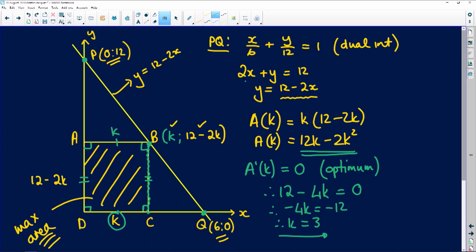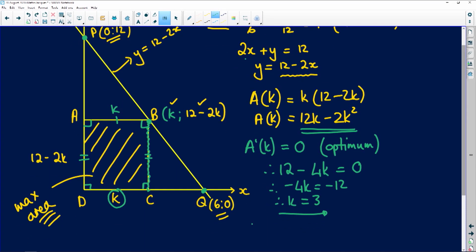Let's just see what they asked us. They said maximum area for which determine the coordinates of B. So we've now got the x coordinate, the y coordinate we just have to substitute back. So the coordinates of B will be 3, and 12 minus 6, 2 times 3 is 6, 12 minus 6 is indeed 6.